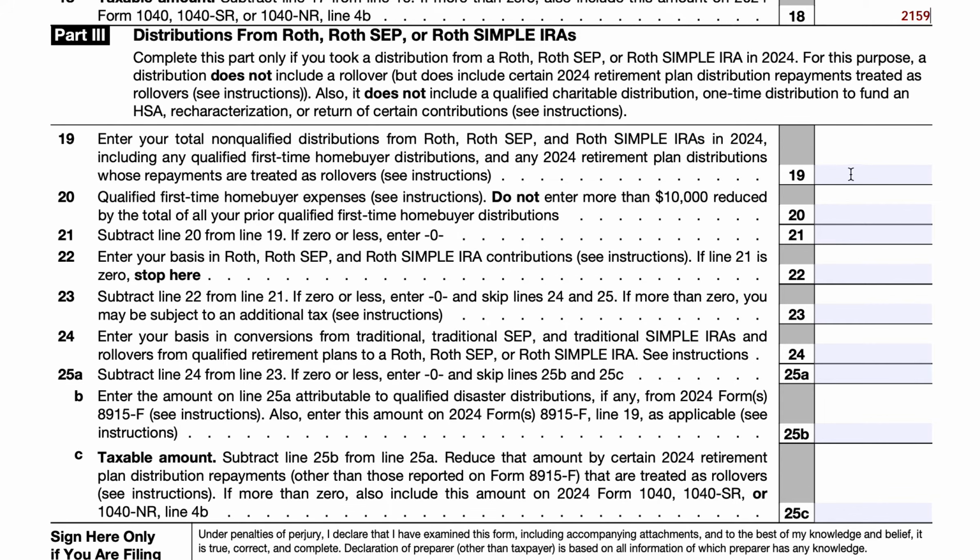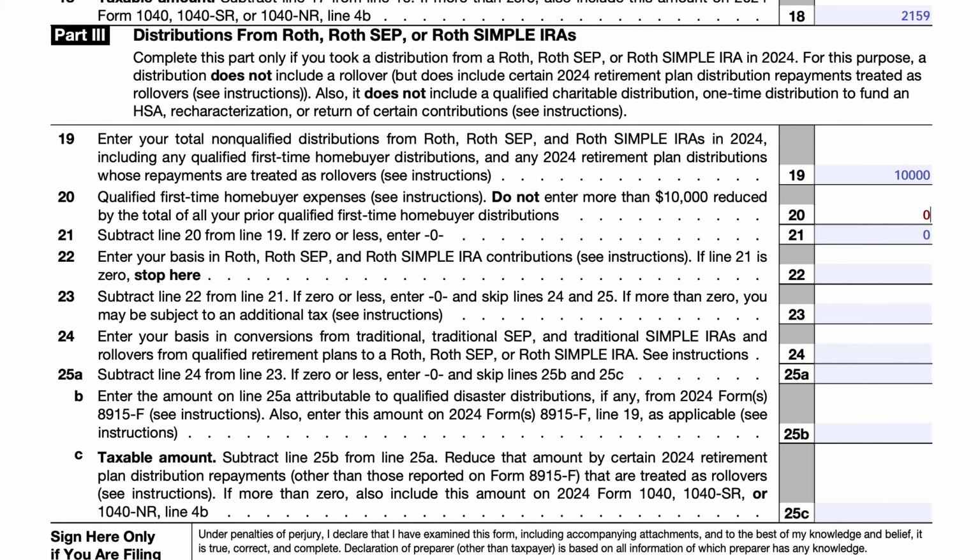So let's say that we have $10,000 in non-qualified distributions. Now, you can exempt any first-time home buyer expenses up to an amount of $10,000. So if you took this $10,000 out because it was a first-time home purchase, then you would have zero.